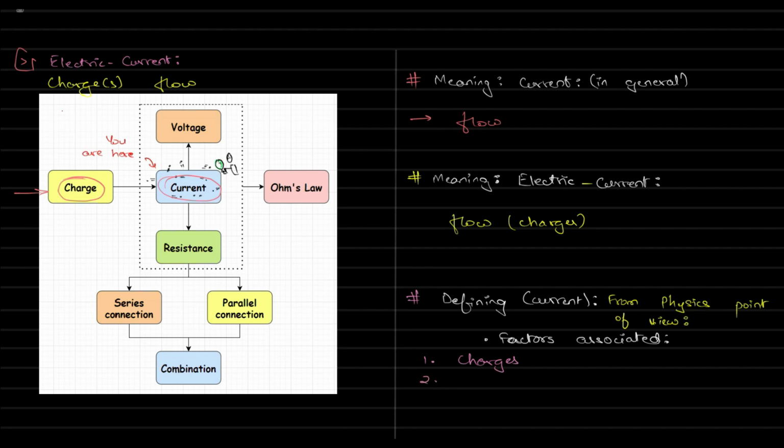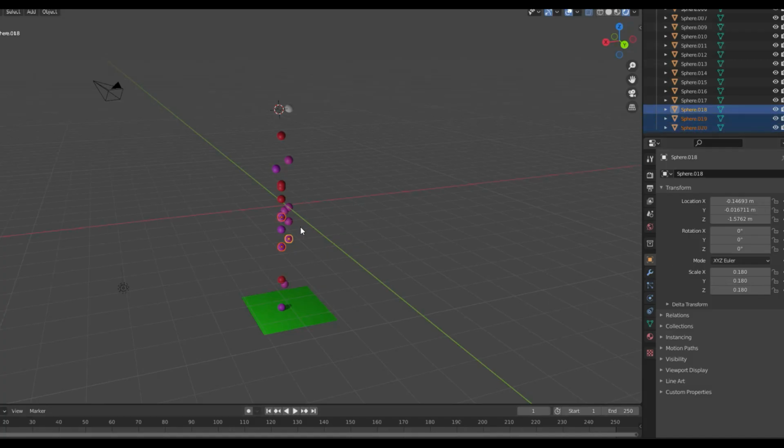Second factor. Say I have 3 charges, and these 3 charges move across this green slate. In the first scenario, they'll just move across. How many of them will move across? 3 of them in a matter of 1 second. In the second case, the same 3 charges move across the green slate very slowly.